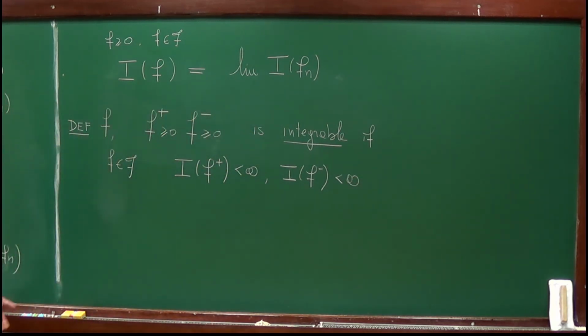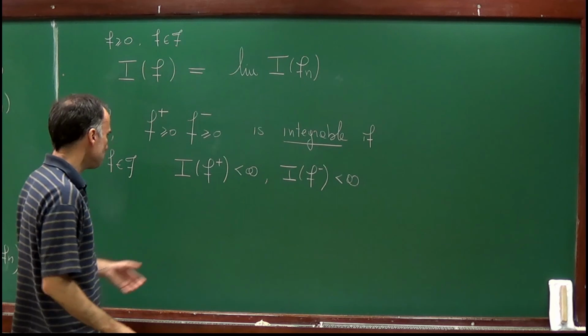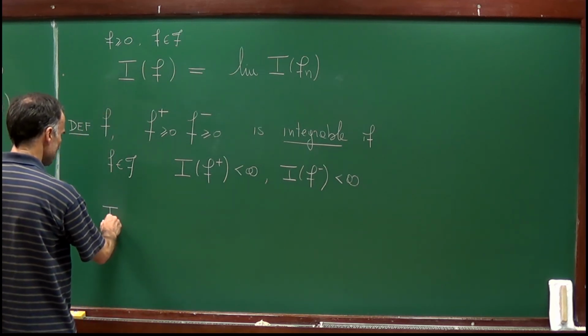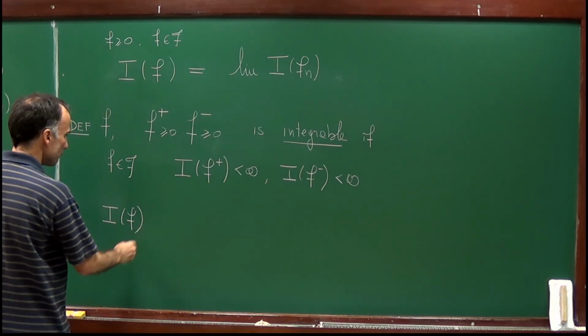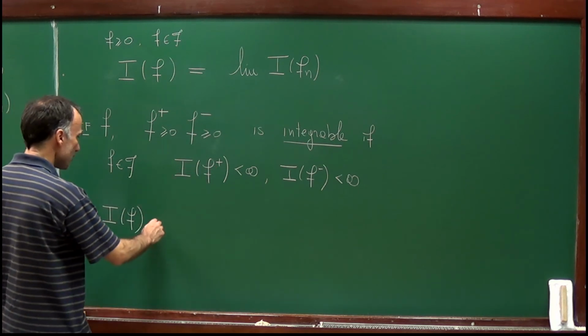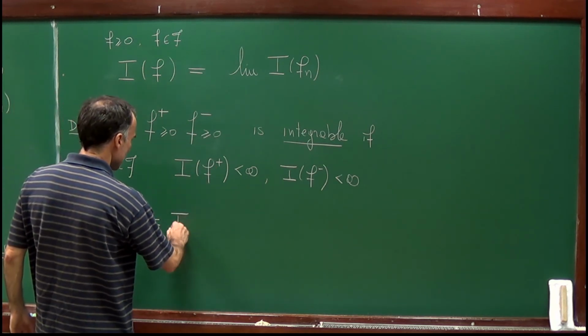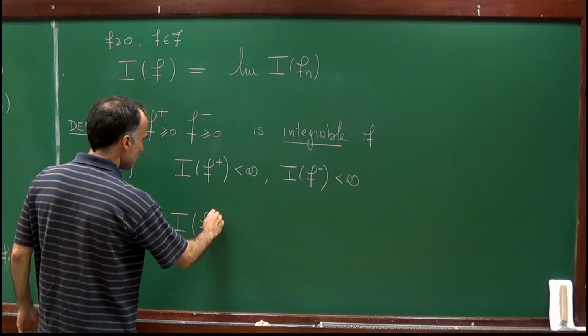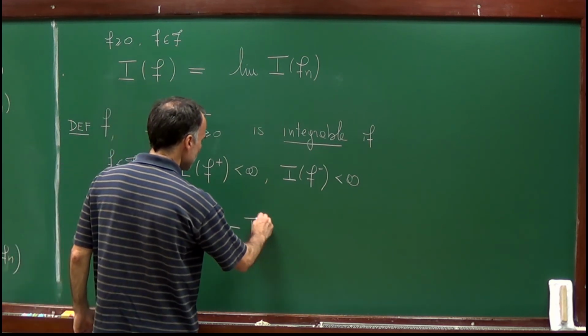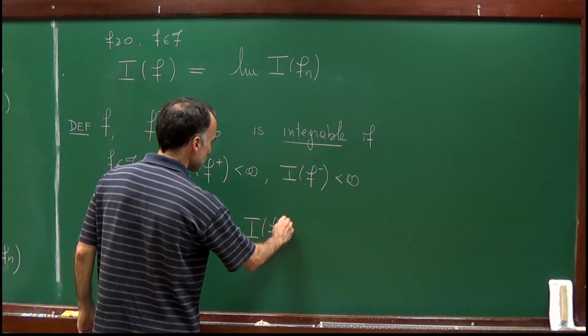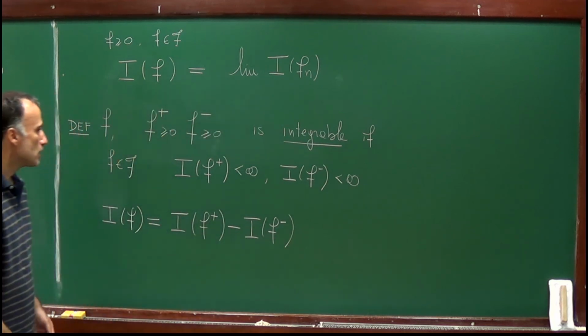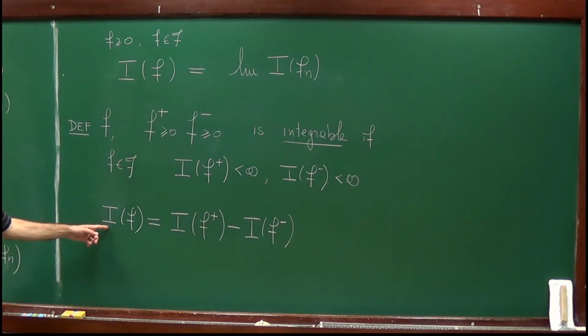Right? And I will define the integral of an integrable function, I(f), as the integral of its positive part minus the integral of its negative part. So this is the final definition of the integral.